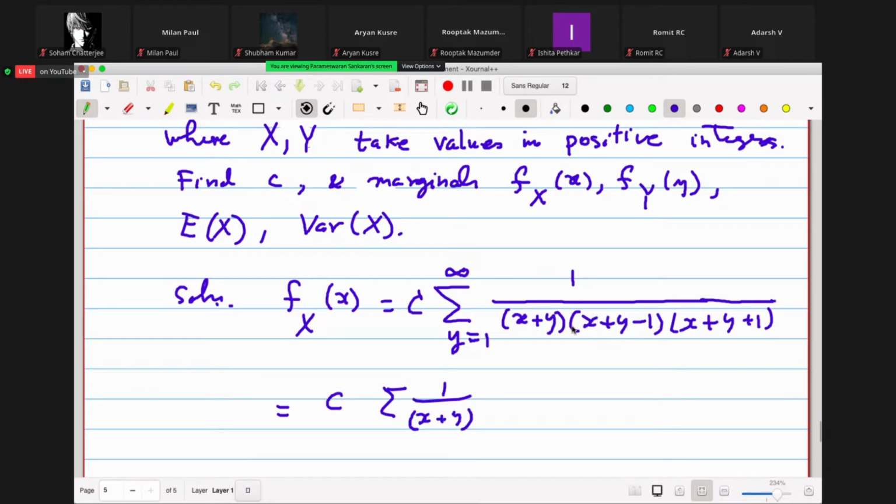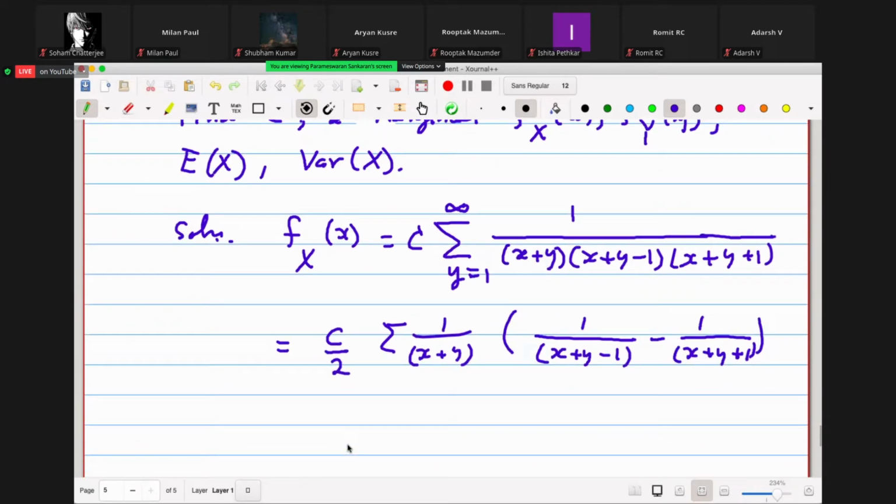Now this one, you write it as partial fractions, something by (x plus y minus 1)(x plus y) minus something by (x plus y)(x plus y plus 1), and when you do this you get 1 and 1, I suppose. Yes, this is okay because you get 2 and then there is a 1 by 2, so that 2 I take outside.